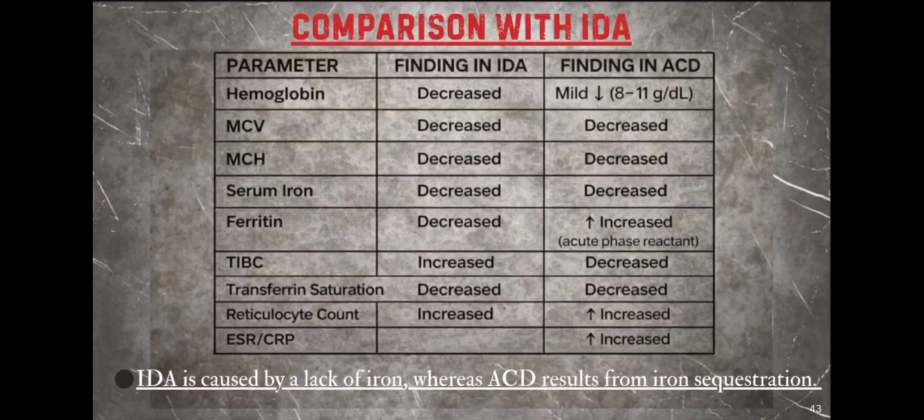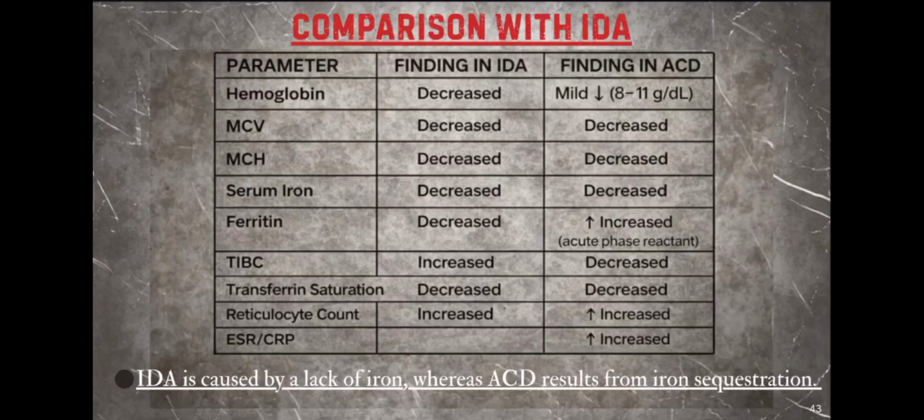Comparison with iron deficiency anemia. TIBC is increased in iron deficiency anemia and decreased in anemia of chronic disease.